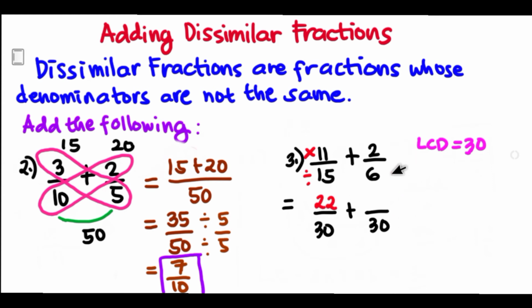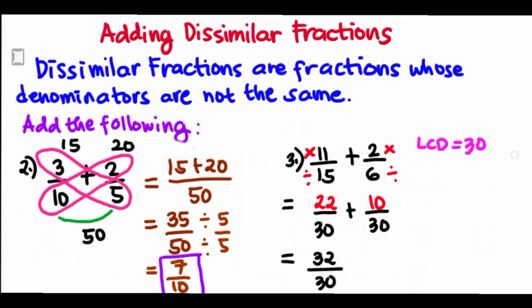And then, sa isang fraction naman, divide muna sa denominator and then multiply to the numerator. So, 30 divided by 6 is 5. 5 times 2 is 10. So, add po natin yung numerators. 22 plus 10 is 32. And then, copy the common denominator, 30.